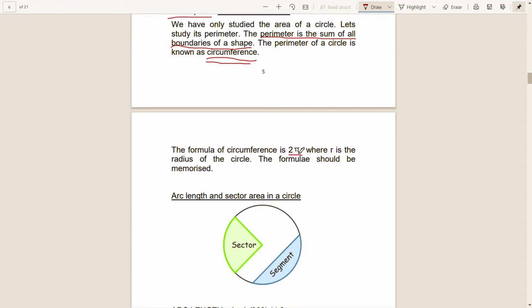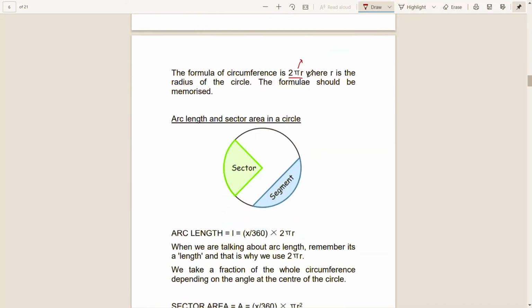You know what's the value of pi? You have studied above in the previous slide. And r is the radius. 2 into pi into r is the circumference. What's circumference? If this is a circle, it means the whole length, right from here and moving in an anti-clockwise direction, like this, the whole length of the circle is known as circumference, right?